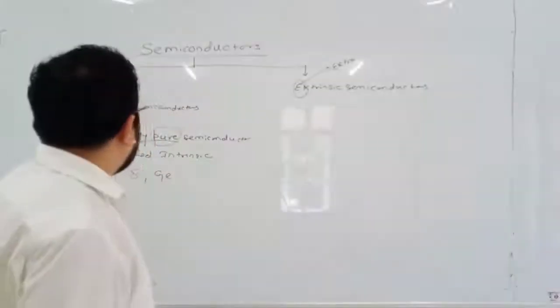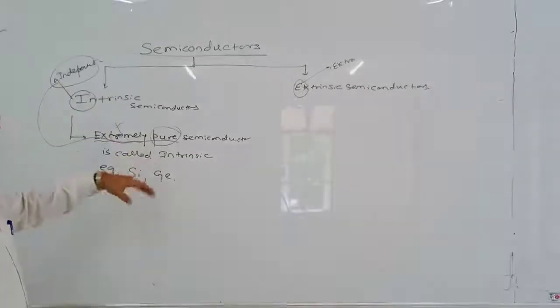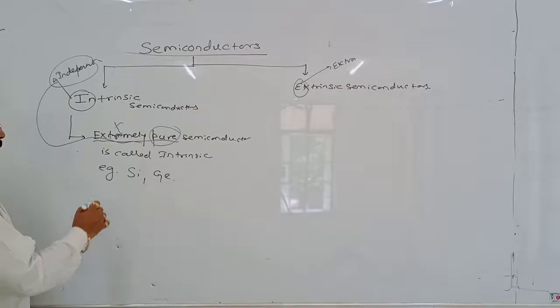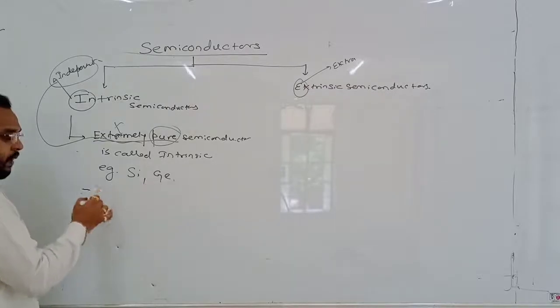Now, these extremely pure semiconductors are called intrinsic semiconductors. Take germanium as an example.